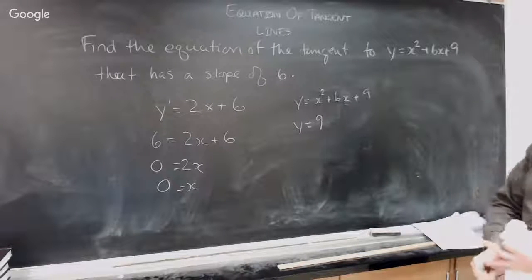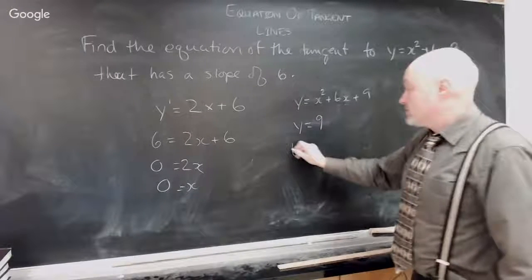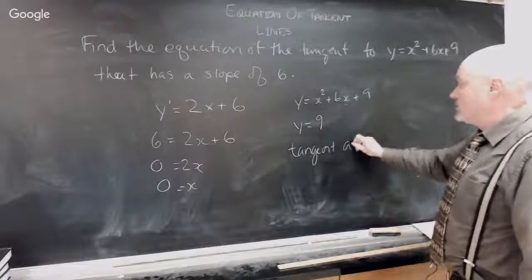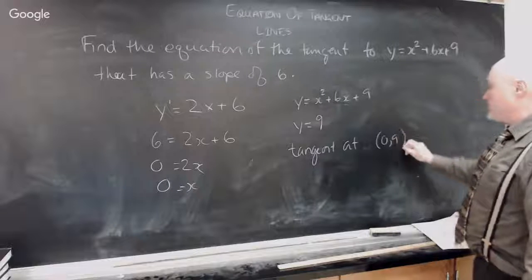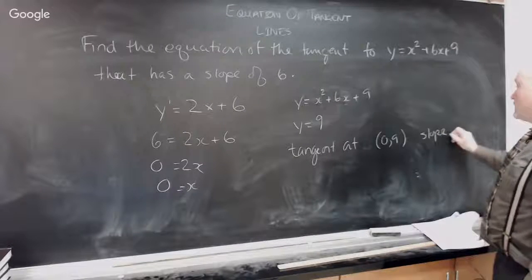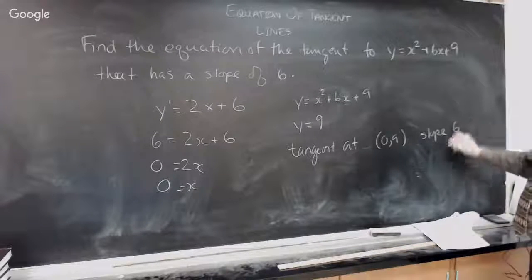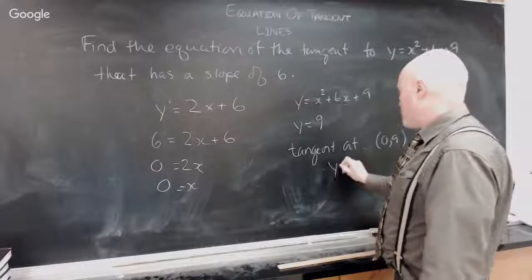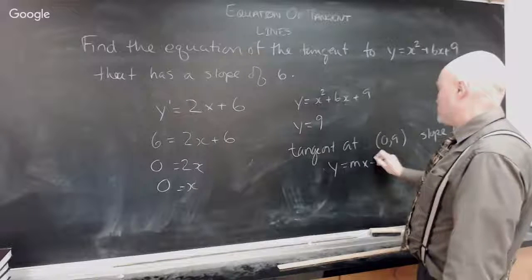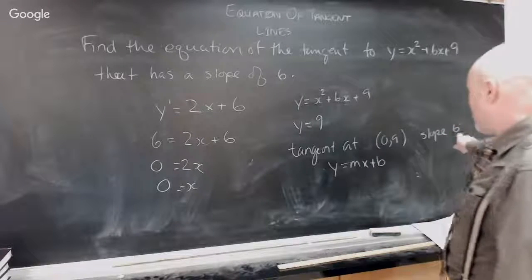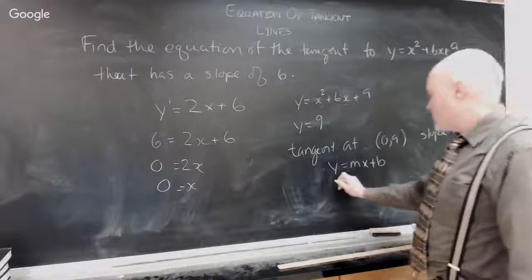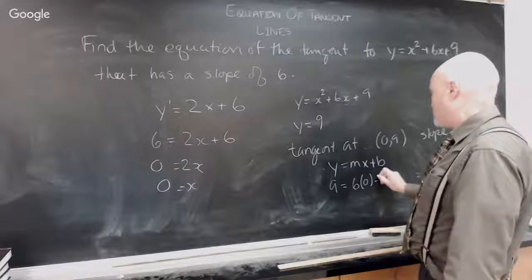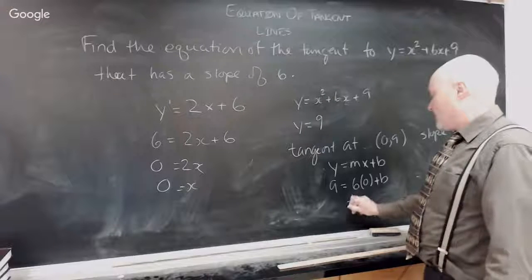So the point of tangency is 0 and 9, and that slope is 6. So I'm all ready to go with my y equals mx plus b format, which is, by the way, my favorite format for doing this. So y is 9, slope is 6, x is 0, so b is 9.